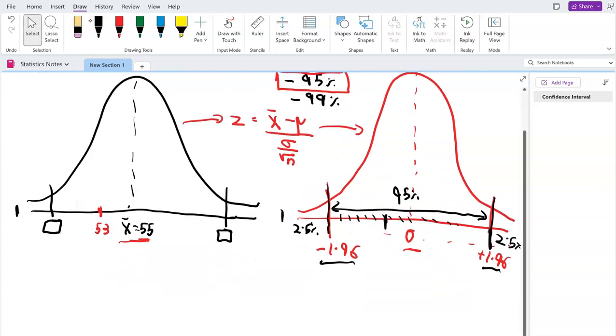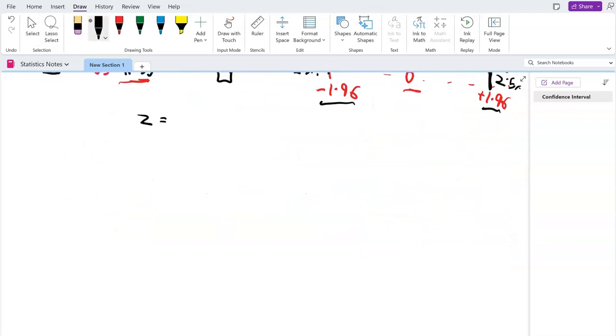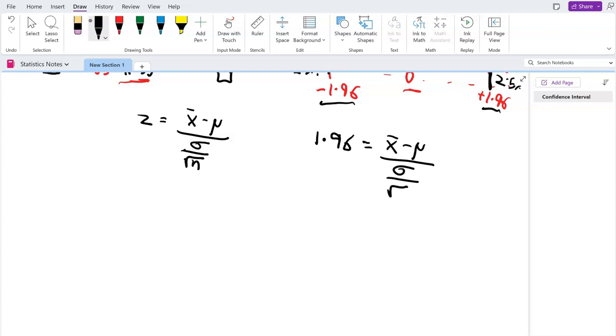So then I can say that the z values at the extremes are given by x bar minus mu divided by sigma over square root of n. So the limits would be, rounding to 1.96, equals x bar minus mu divided by sigma over square root of n.